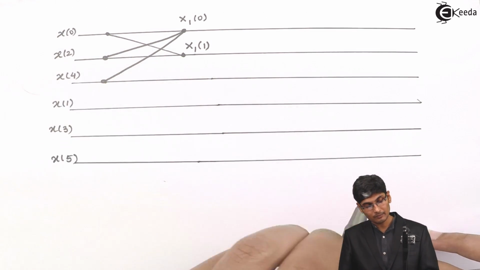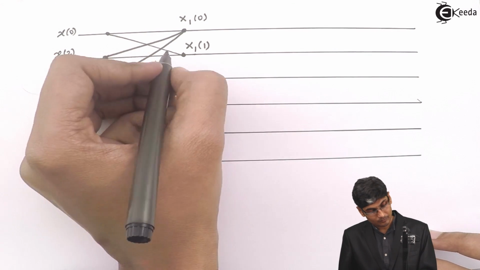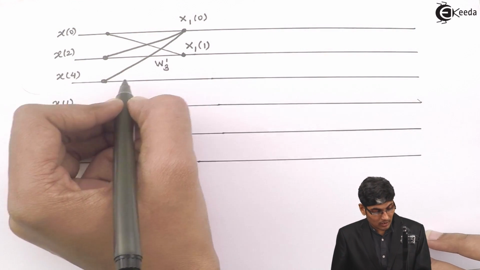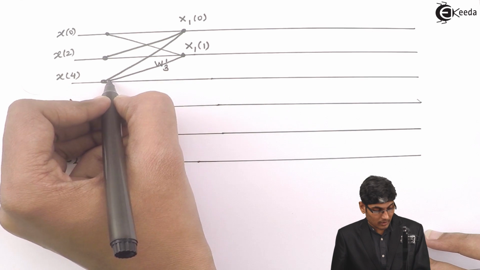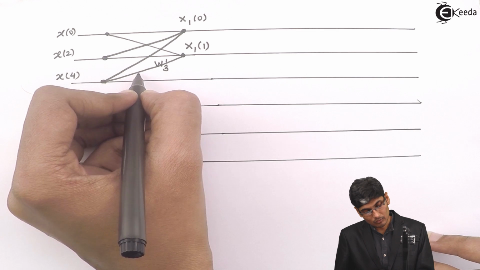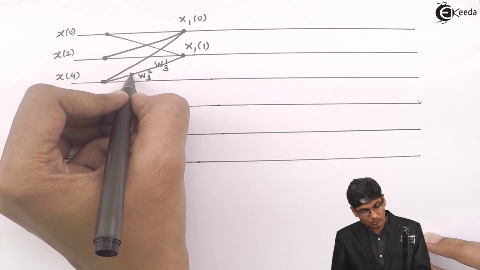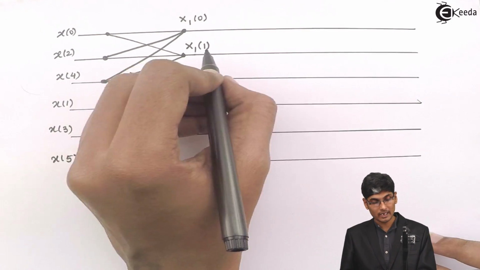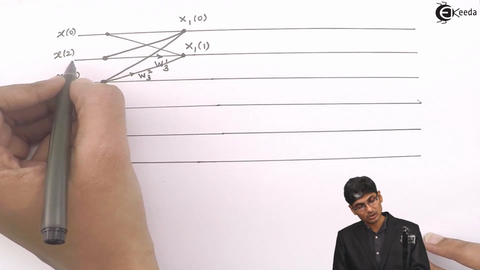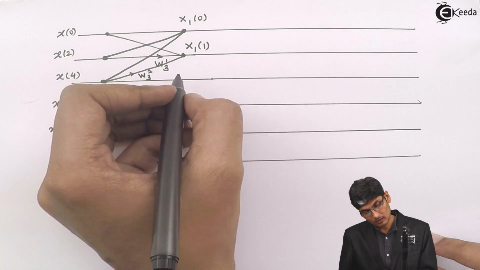Then x2 is coming with w3 raised to 1, and x4 will be coming from below with w3 raised to 2. So I multiply w3 raised to 2 to x4, w3 raised to 1 gets multiplied to x2, and then they are added with x0. Likewise, I got x1 of 1.